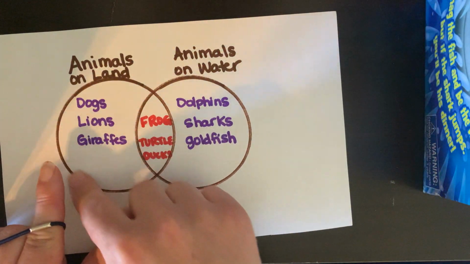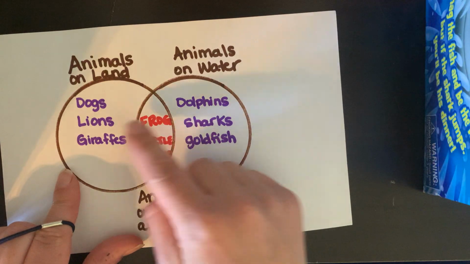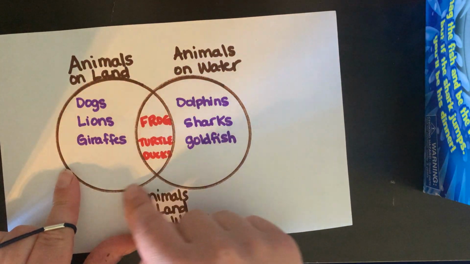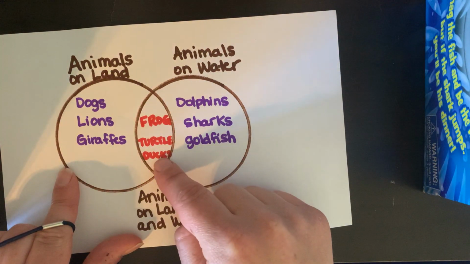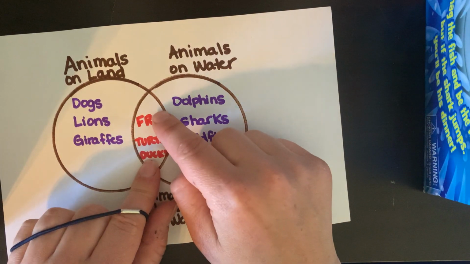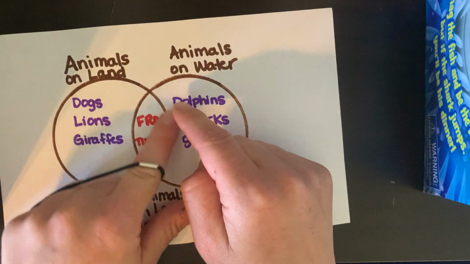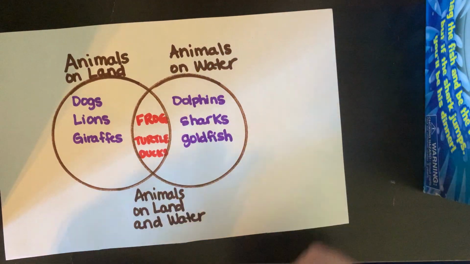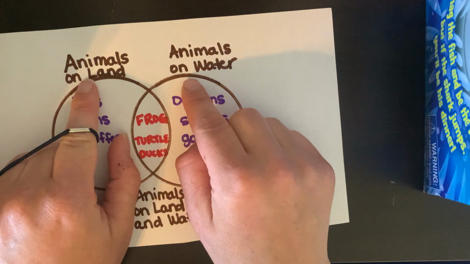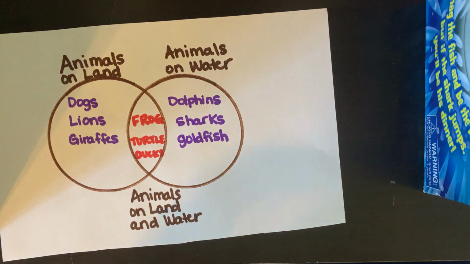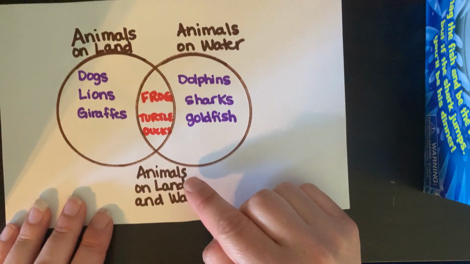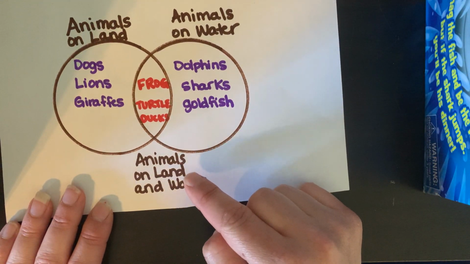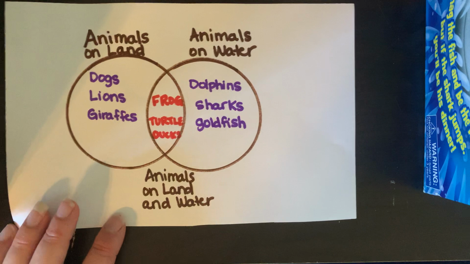But in this circle, I have animals on land. And look, inside this circle is also the frogs, the turtle, and the ducks, which means these three in the middle that fall into this overlapping area have both things in common. So frogs, turtles, and ducks are animals that can be found on the land and on the water.